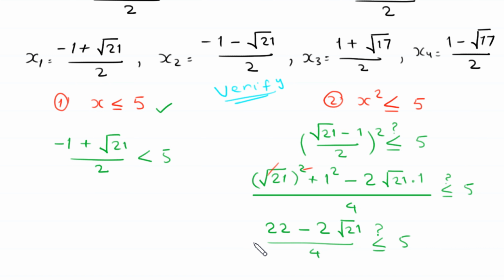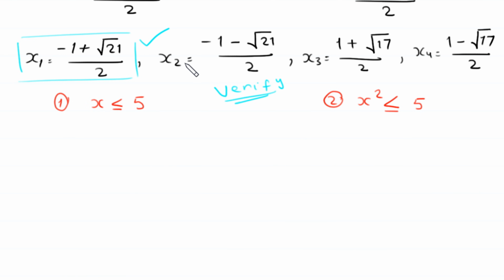Now from here we multiply both sides of this inequality by 4, and this 4 will be cancelled out with this 4, and this 5 times 4 will become 20. This 22 minus 2 times root 21 is less than 20, so this condition is also true. So this value of x1, negative 1 plus root 21 over 2, is a valid solution.